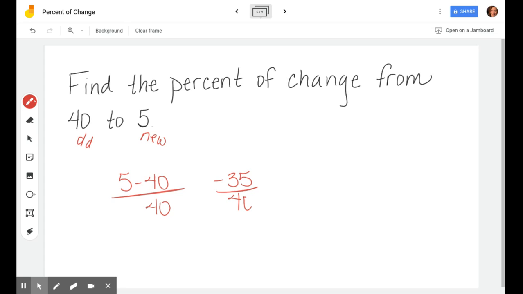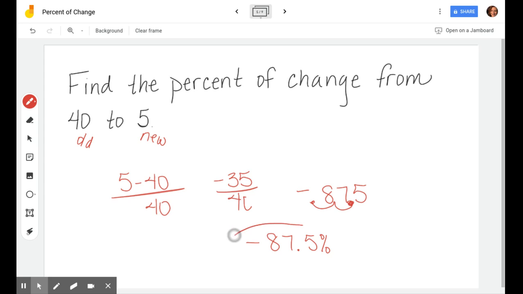I knew it was going to be negative without having to put a negative sign in my calculator because I only had one negative sign. He doesn't have a buddy to partner up with, so he makes the whole thing negative. I get negative 0.875. I'm going to scoot to the right. Remember, you only move twice, so that's negative 87.5%.